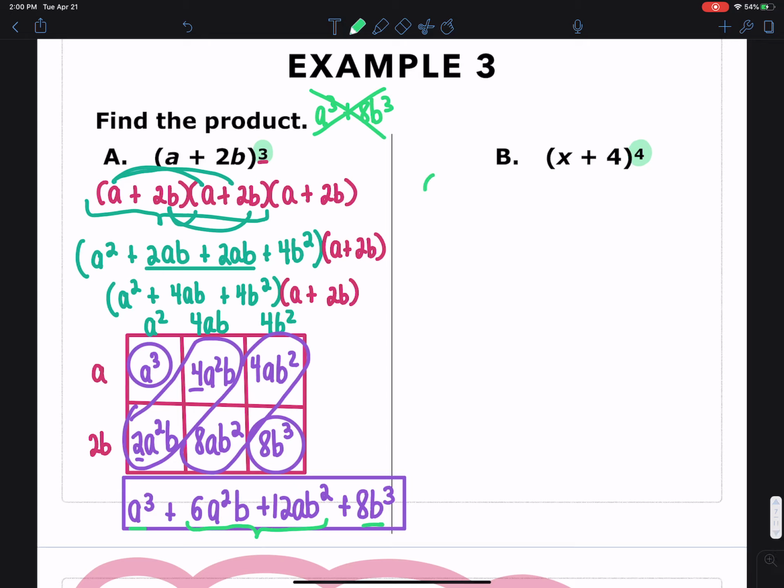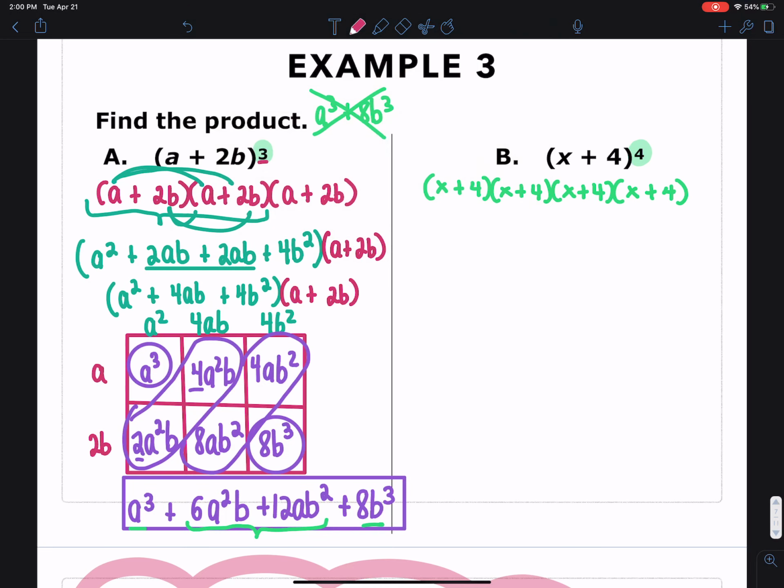So again, what this means is x plus 4 times x plus 4 times x plus 4 times x plus 4. So the long way would be to multiply x plus 4 times x plus 4, and the product of that you'd multiply by x plus 4, and then the product of that you would multiply again.